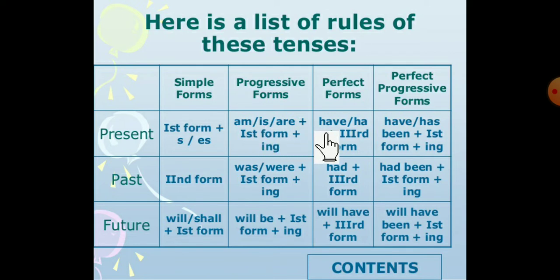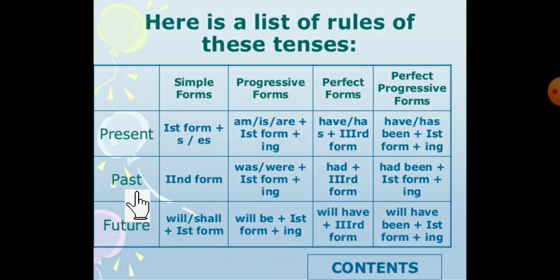When it is present perfect tense, you can use have or has and the third form of the verb. Got it? When it is present perfect continuous, you have to use have or has been plus first form of the verb plus ing. It is a combination of perfect and continuous tense. In the perfect we are using have and has, and here the ing form. So this is a combination of both.